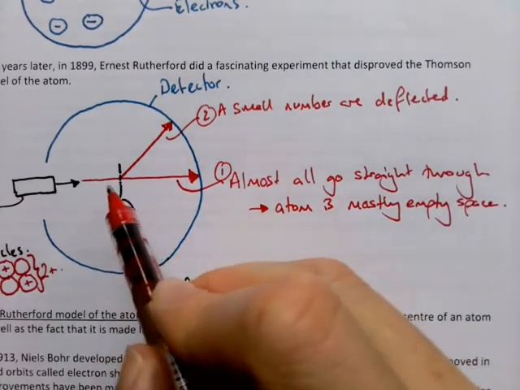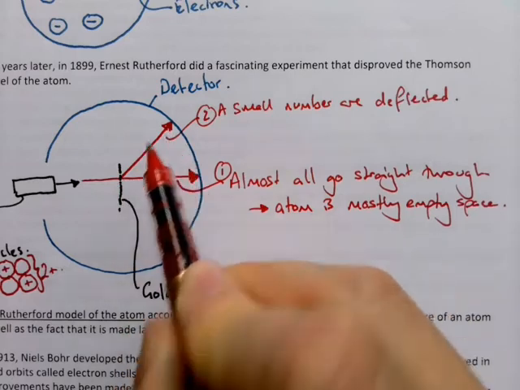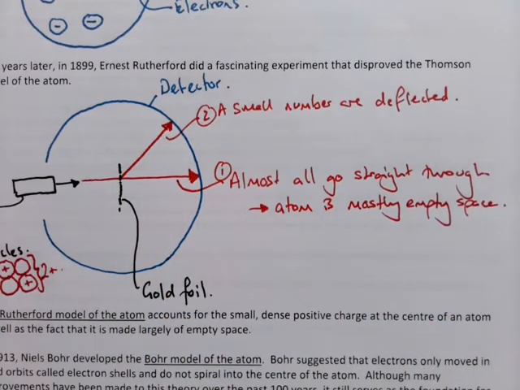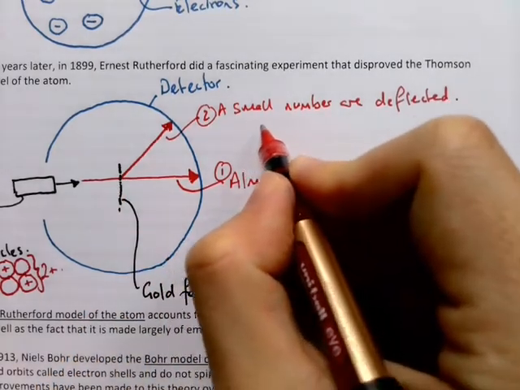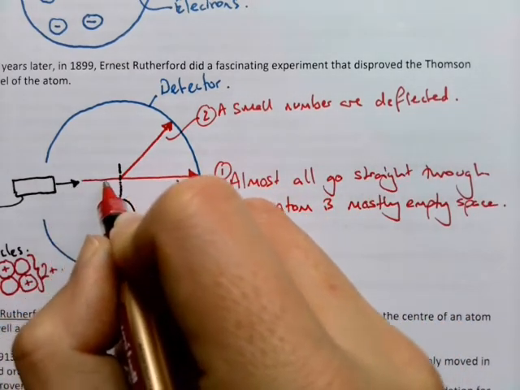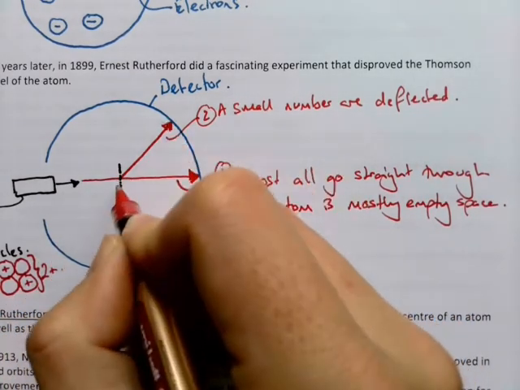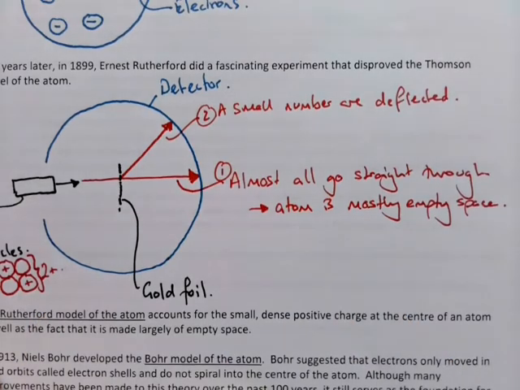Now, if some of these are deflected, what does that mean? Well, if the alpha particle is positive, it's going to be repelled by something else which is also positive. Remember that if the charges of 2 particles are the same, they will repel each other. So what he decided is that if a positive particle comes in here and is deflected by something in here, that something must be positive.